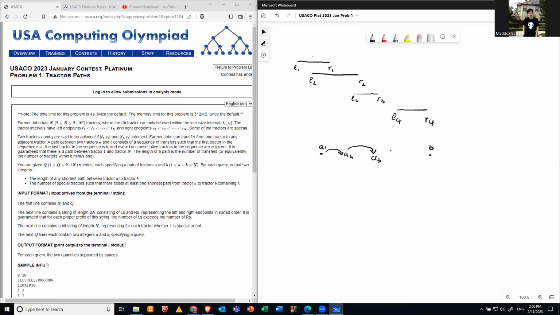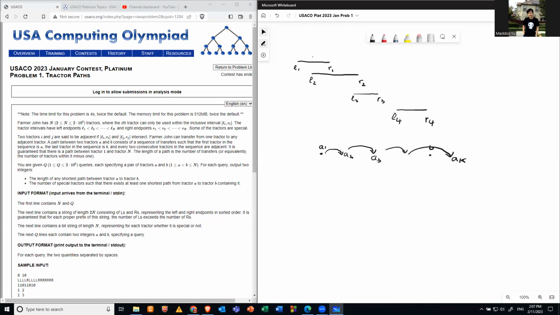You continue like that until you get to, let's say, A of K. If this A of K is B or past B, then I would claim this is the shortest path.